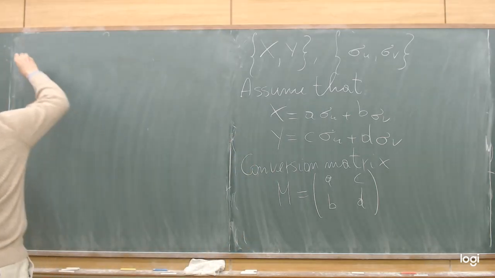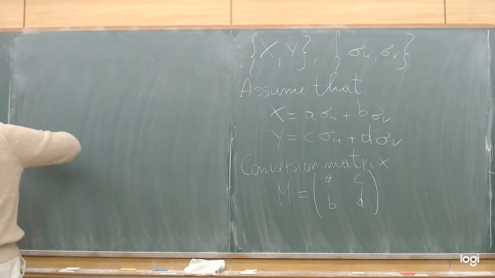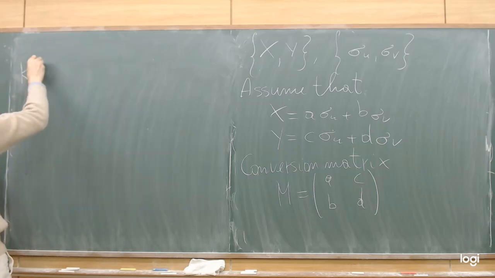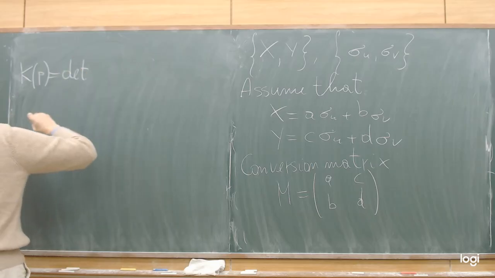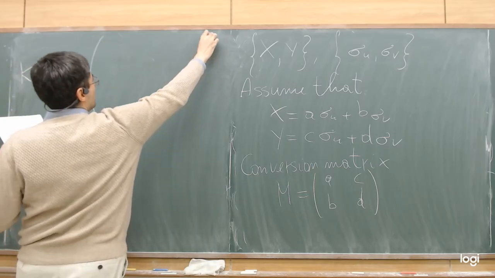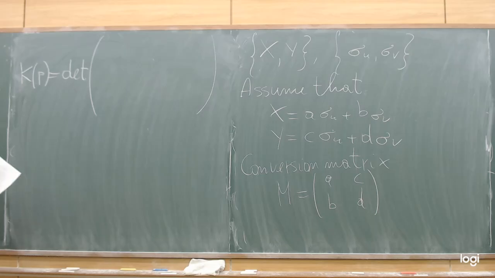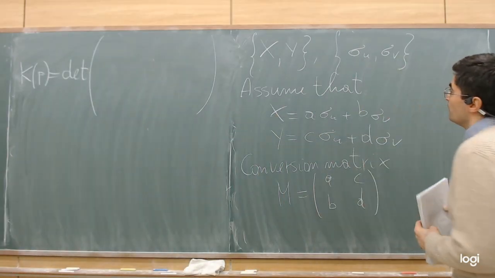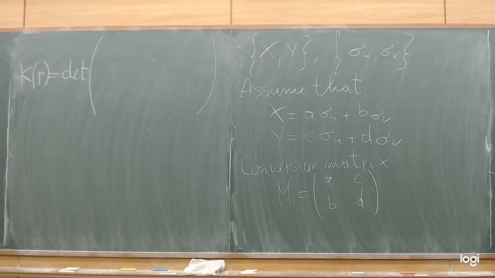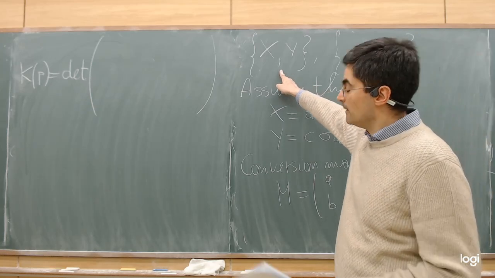So what is the Gauss curvature at P? This is the determinant of a matrix representing the Weingarten map with respect to a basis of T_P S. Let's choose this one.